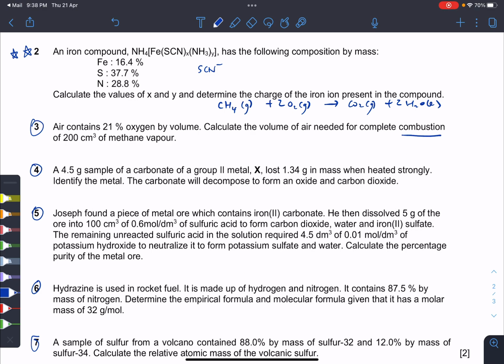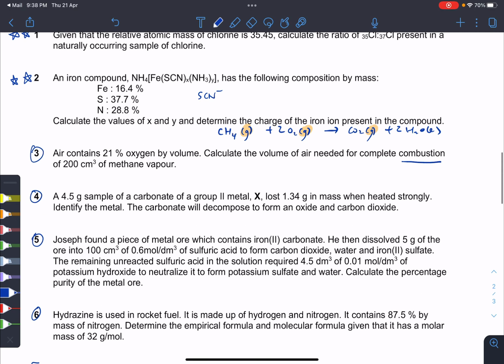Second step, we will change to mole. Actually, you realize there's a shortcut. Why? This is a special situation. Notice gas. So the shortcut is when all are gases.